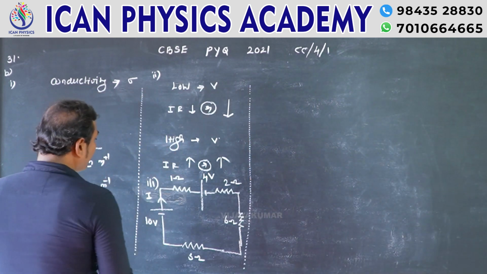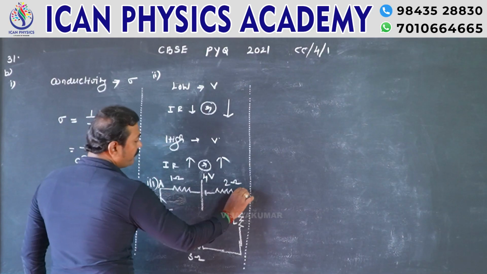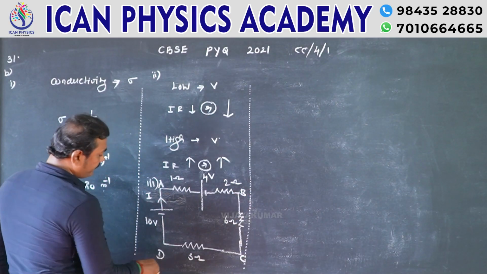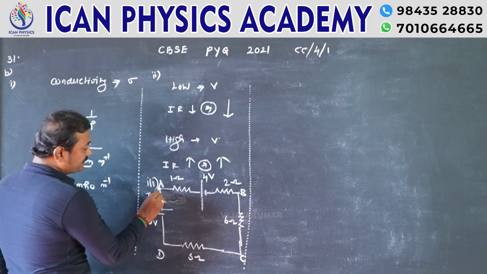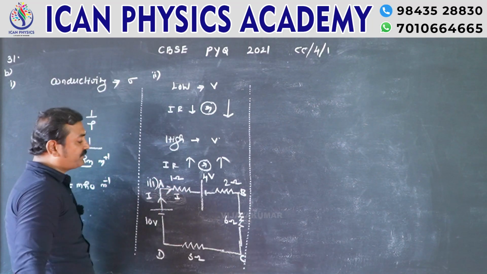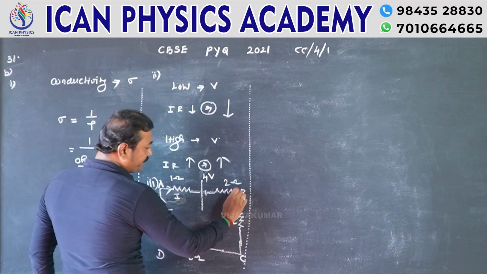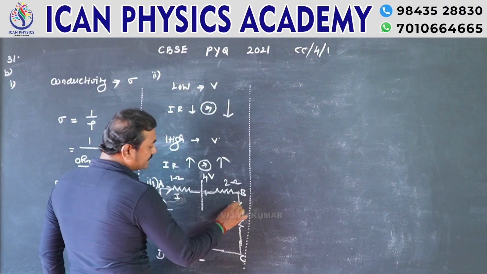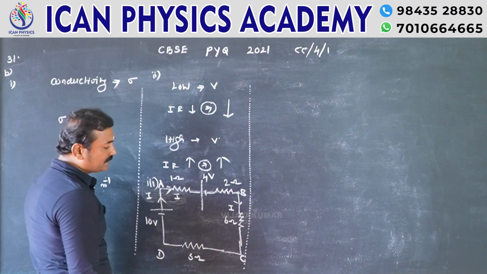For that I want to take A, B, C, D. Now I is the current; it comes to A and just turns, so the same current I is flowing. Now the current comes to B, the same current flows through 6 ohm.